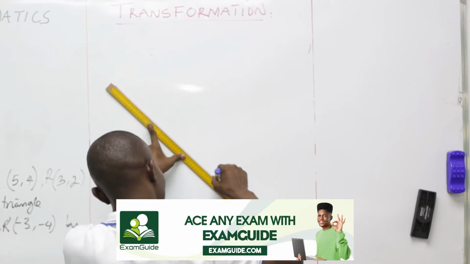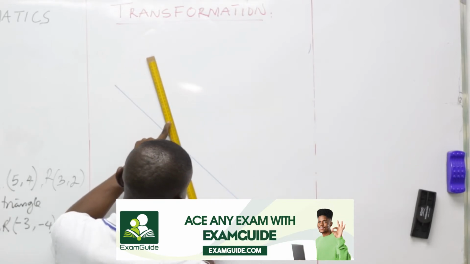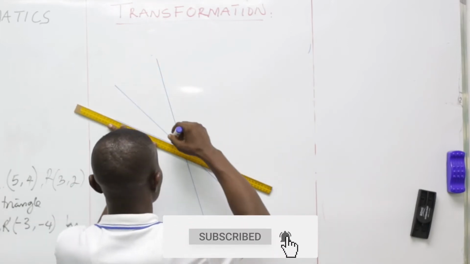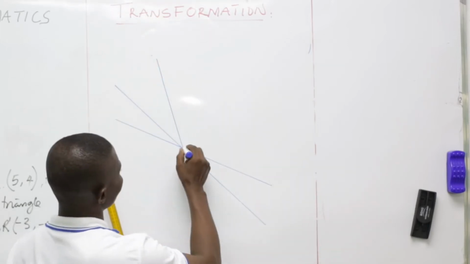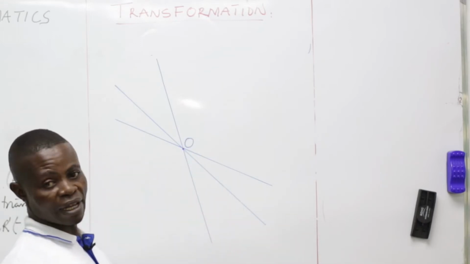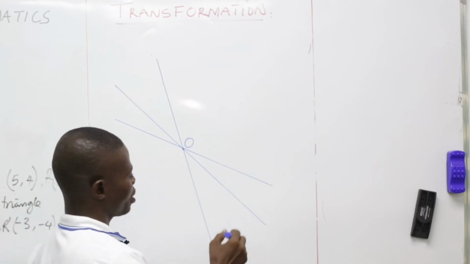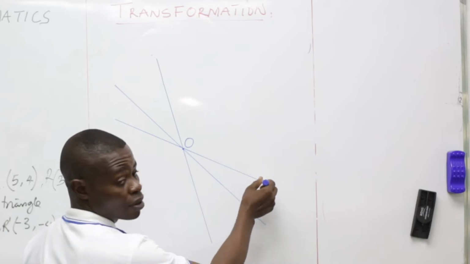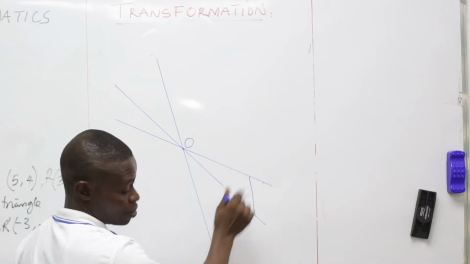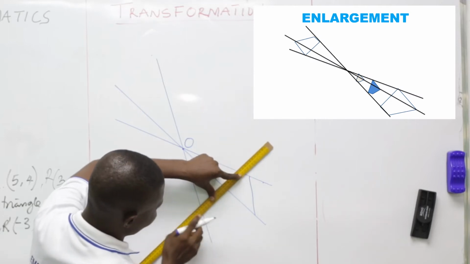As you can see on the board in your slide, this point is called the center of enlargement. Let's produce a triangle.